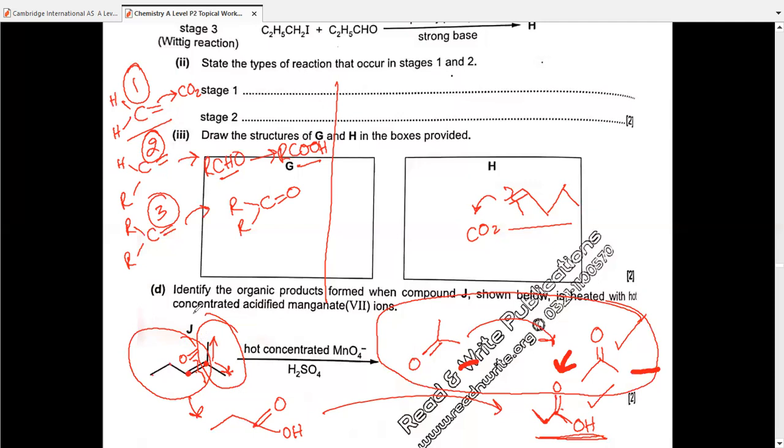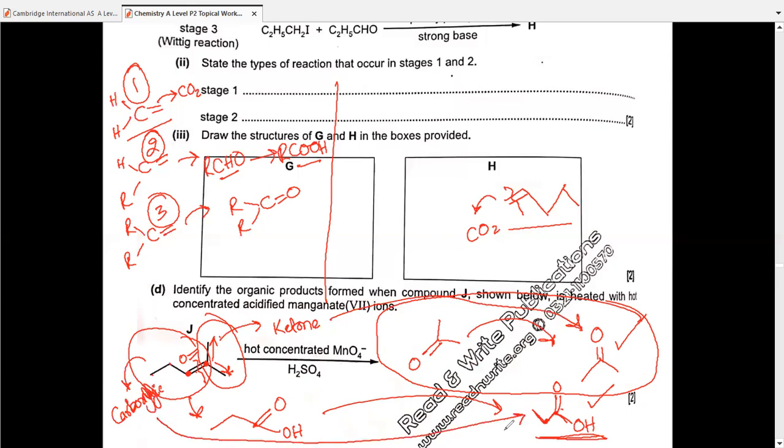When you break the double bond, and remember, this is a reaction under harsher conditions, this structure gave us a ketone, and that ketone is right over here. And this part gave us a carboxylic acid, and that carboxylic acid is right over here. So we have two products out of it. This is the second and the third scenario.